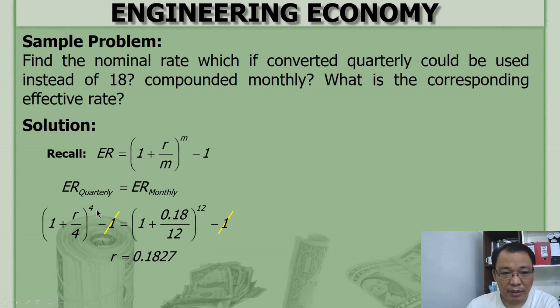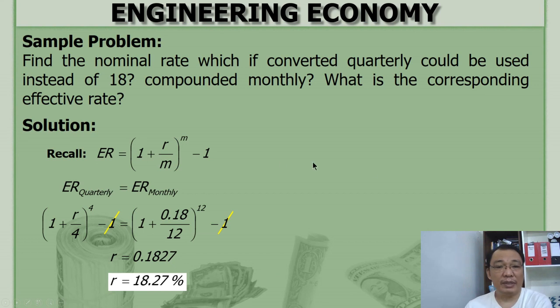The result, you get the fourth root, or you raise the value to 1 over 4. That cancels. After that, subtract the 1, transpose the 1. Then after that, multiply by 4. Cross multiply and you will get R. And therefore, R is 18.27%.